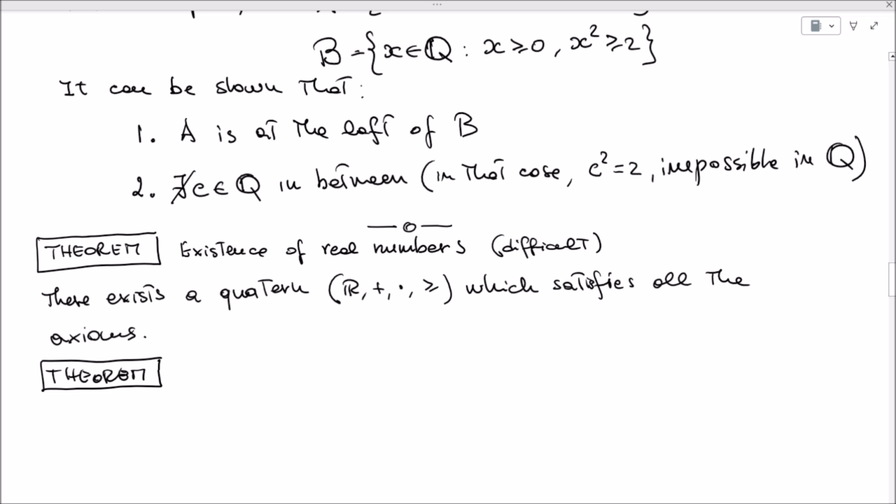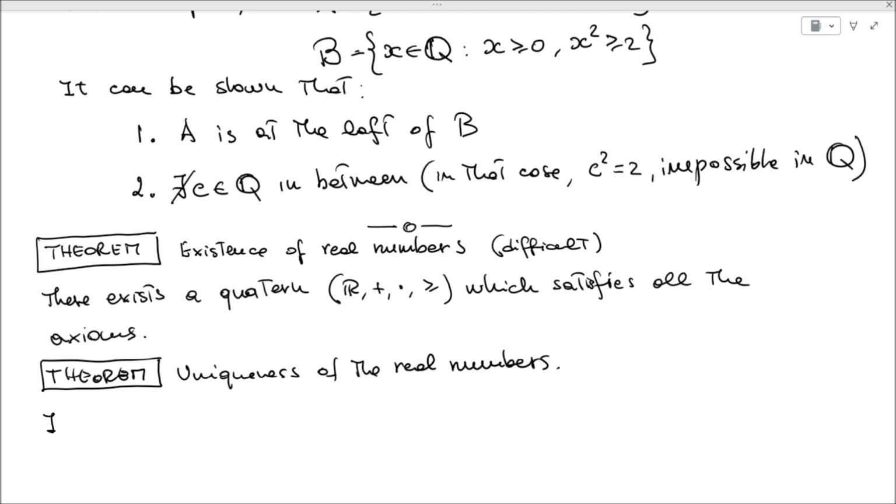So this is the theorem on uniqueness of the real numbers. We are not going to prove this theorem, but we'll just give an idea of what is behind the proof of this theorem.